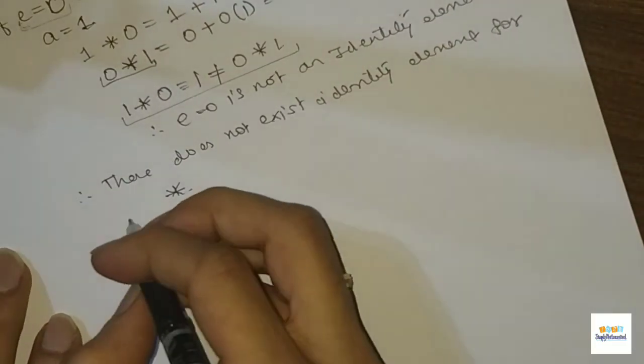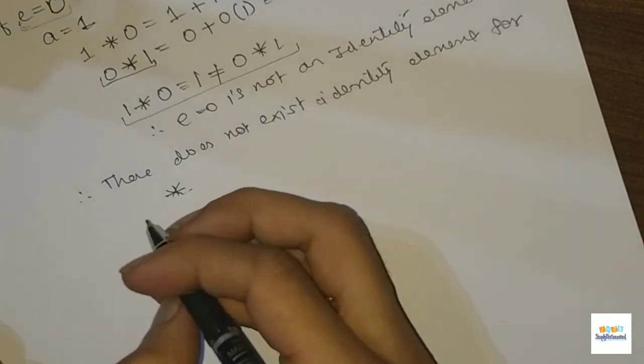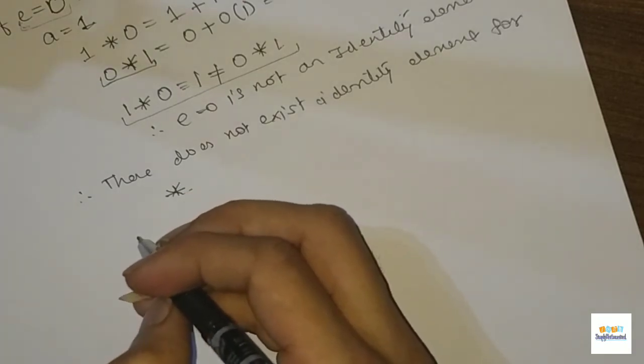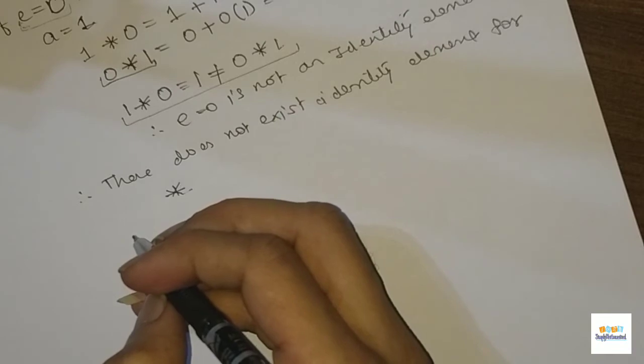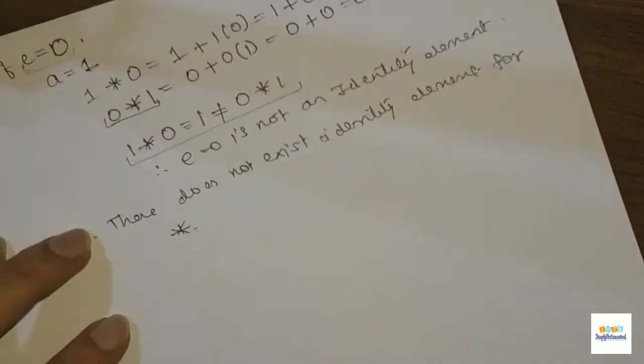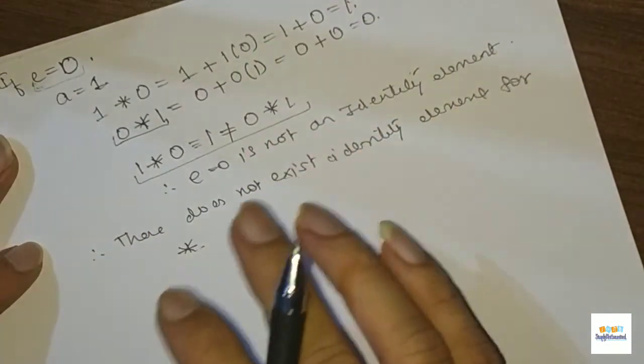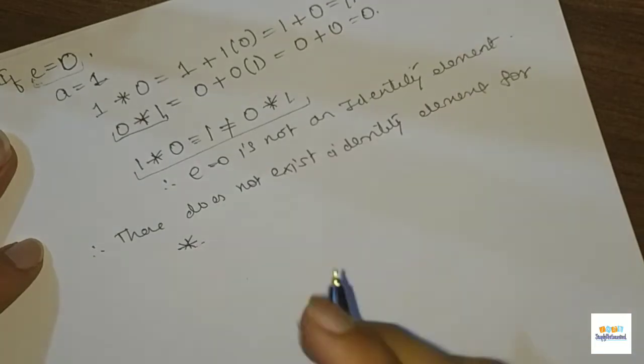And so that is the third problem. Right now, see, this is one way to check it, that E is not an identity element.